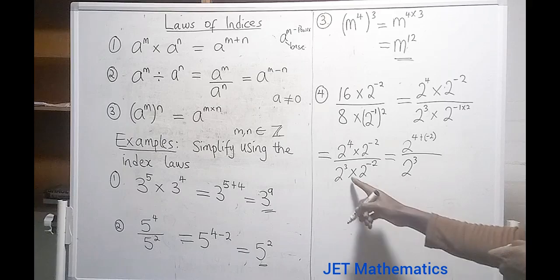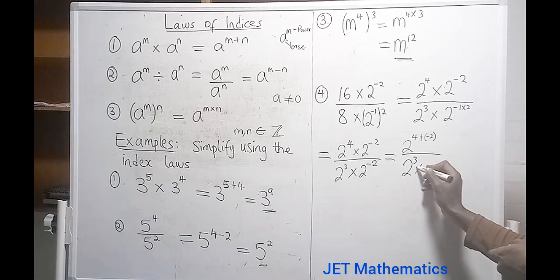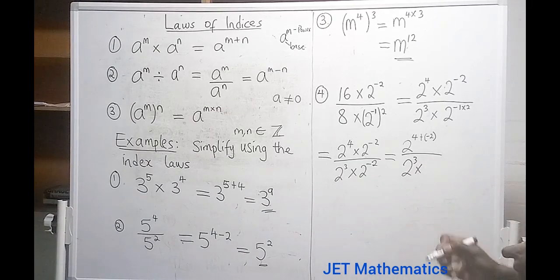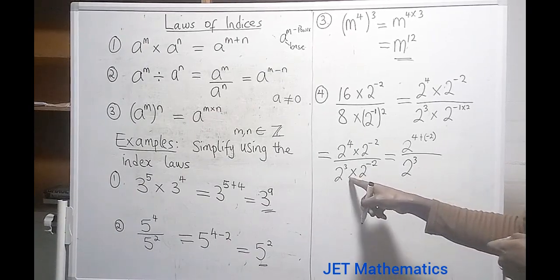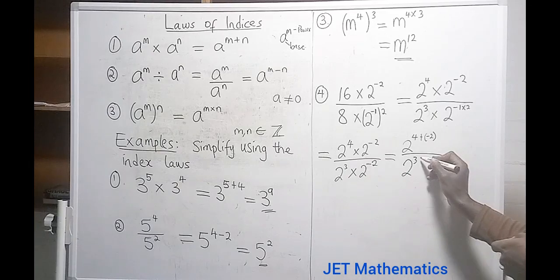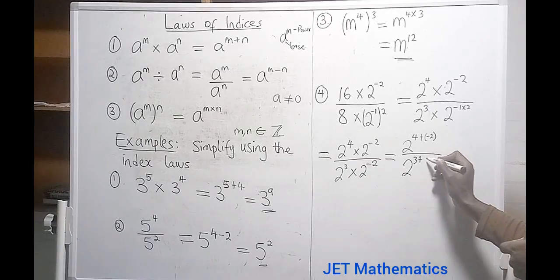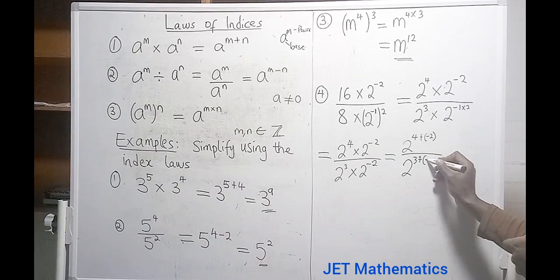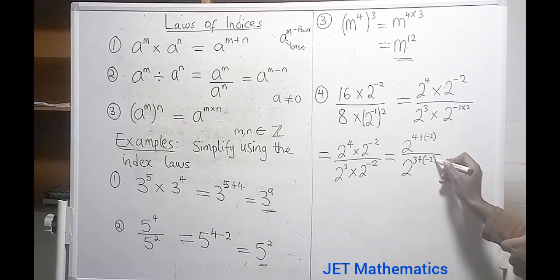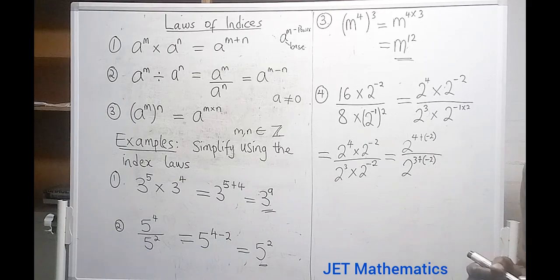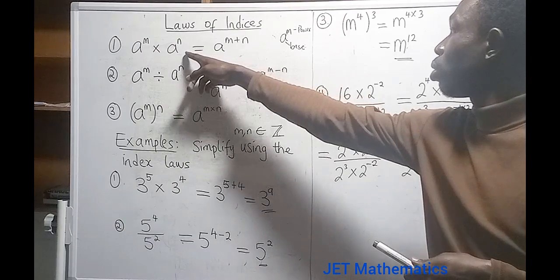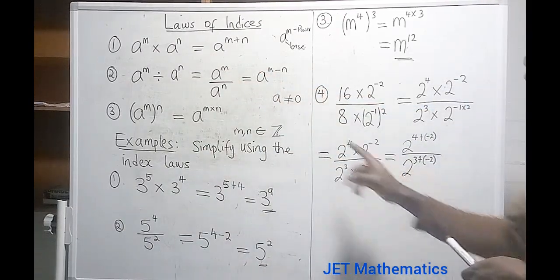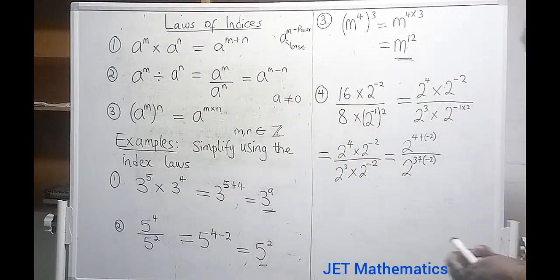The same base, they are multiplying, times. Okay, sorry. We're applying the law now. Since they are multiplying, we add up the powers, right? Plus minus 2. Okay? Very easy. So here we're applying this law, and the denominator we're also applying that law.